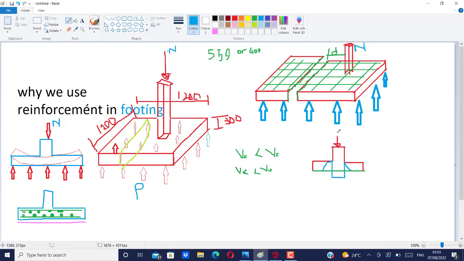There is another thing that happens to a footing when it comes under load like this: if this value N is so big, there is a tendency that this column can puncture through this footing.